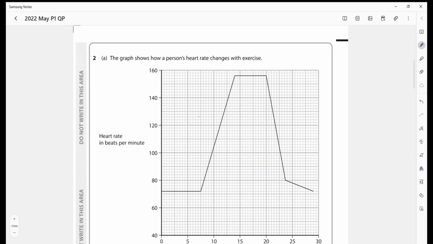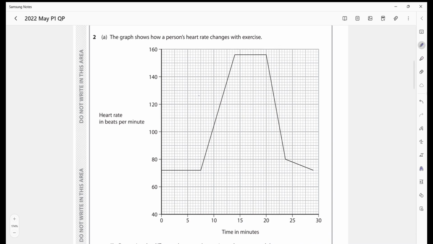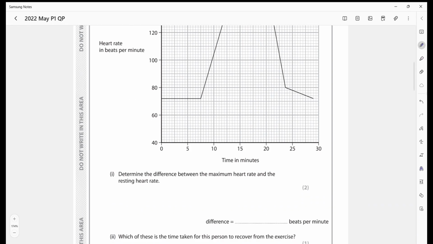All right, the graph shows how a person's heart rate changes with exercise. So here we have a graph. The y-axis is the heart rate in beats per minute, and the x-axis is the time. So this is a person exercising. Determine the difference between the maximum heart rate and the resting heart rate.